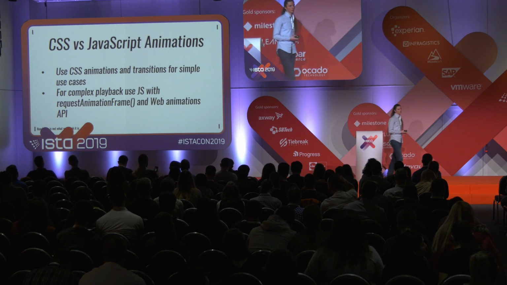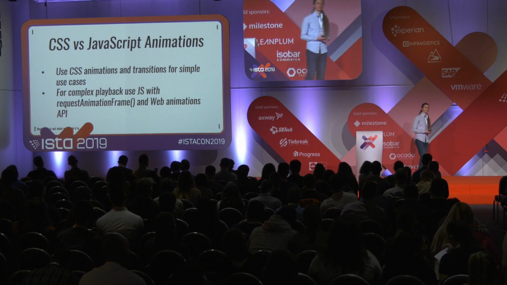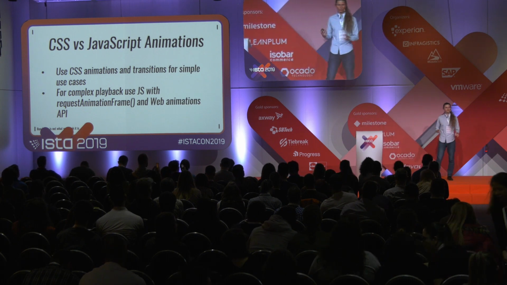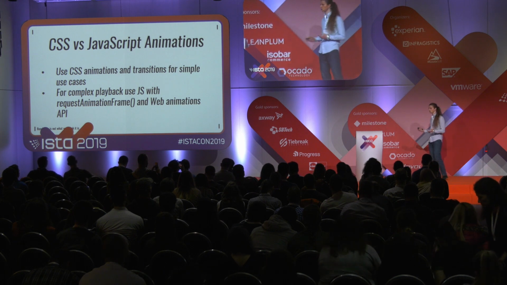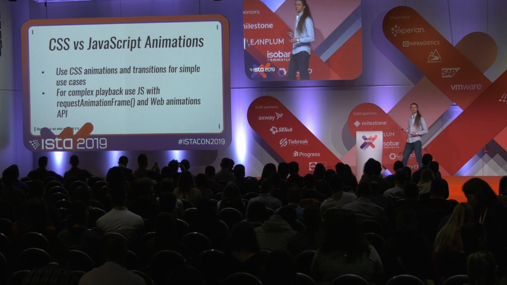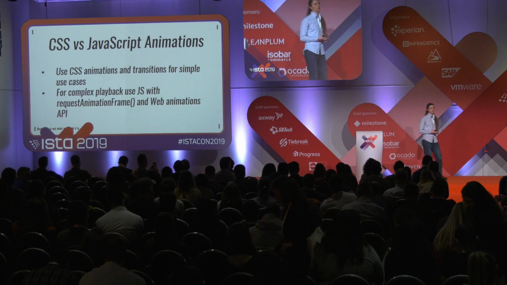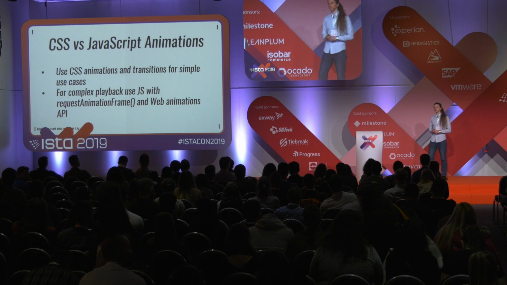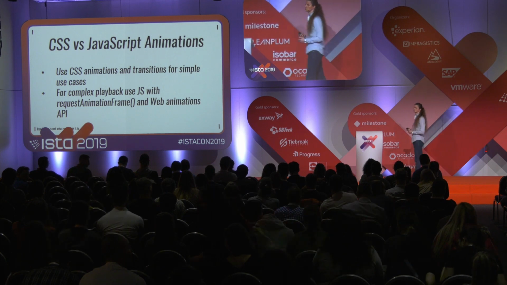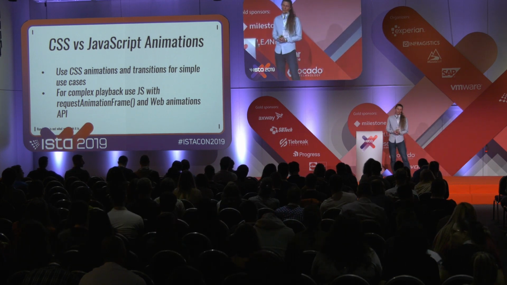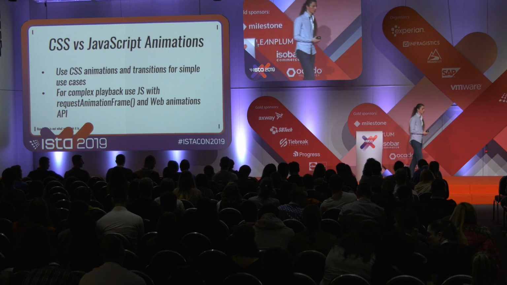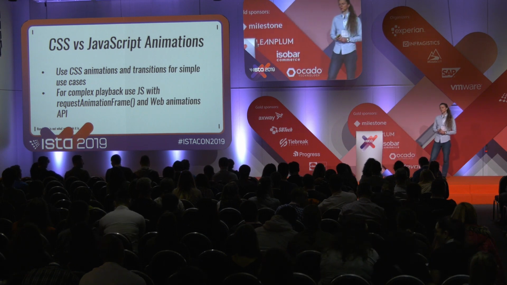If you want, of course, more complex things like keyframe animations with complex easings that run for a long time with different animated properties, it's much easier to control this through JavaScript because it's just too complex to handle with pure CSS. But again, when you use JavaScript, you can use two important things.